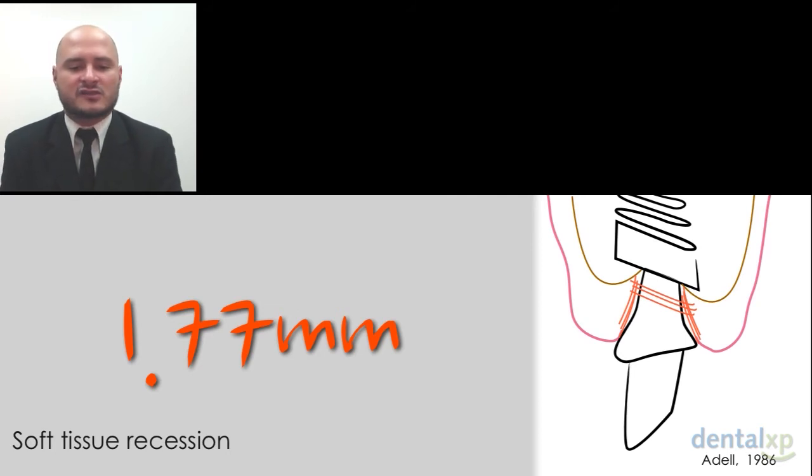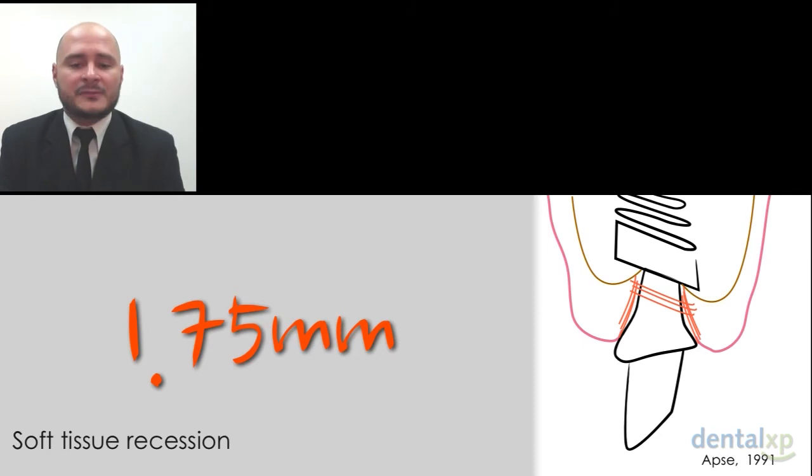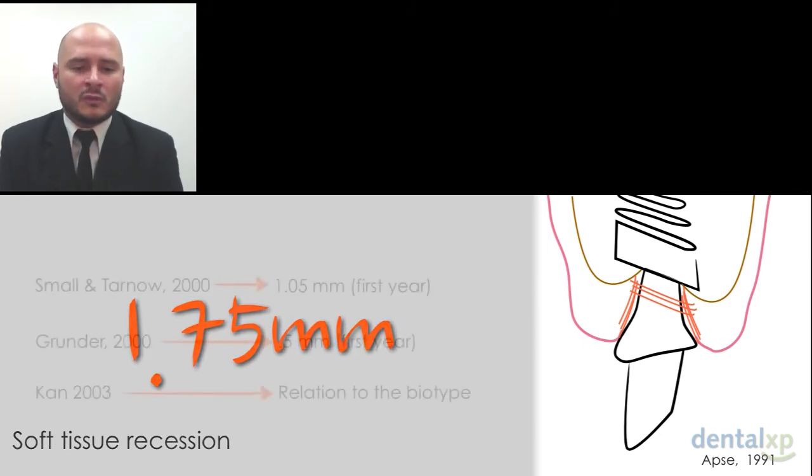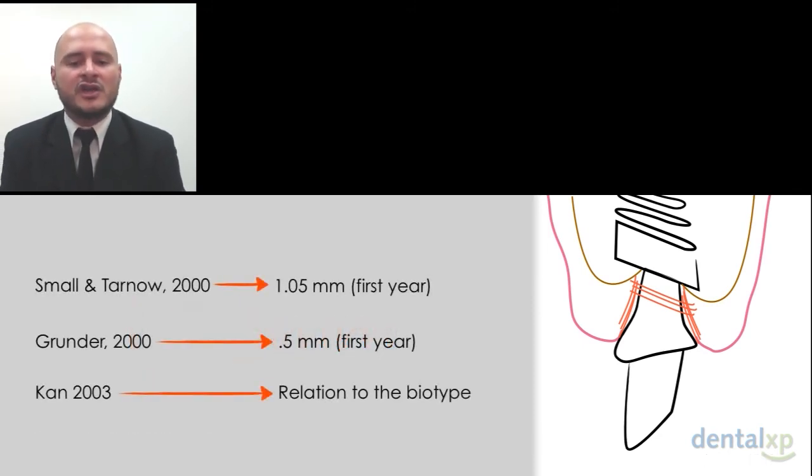Dillon in 86 described 1.77 millimeter recessions after the connection between the implant platform and healing abutments or prosthetic devices was made. APSA had pretty much the same numbers, 1.75 millimeters, and many other authors have described recessions happening after that connection between the implant platform and any kind of prosthetic device has been made.